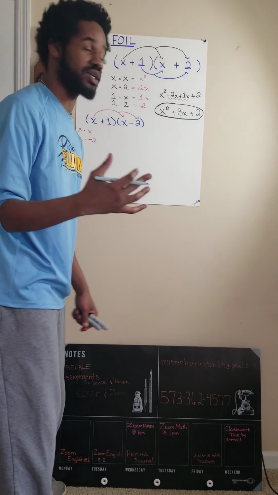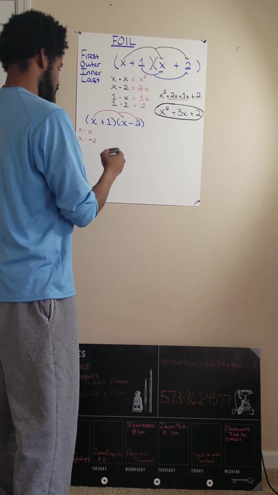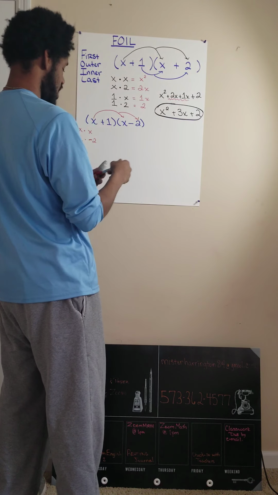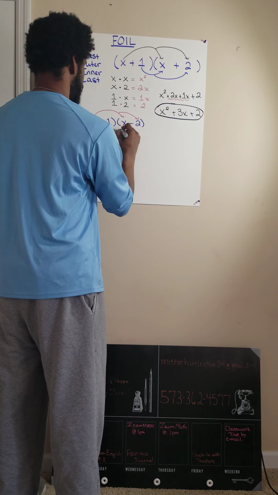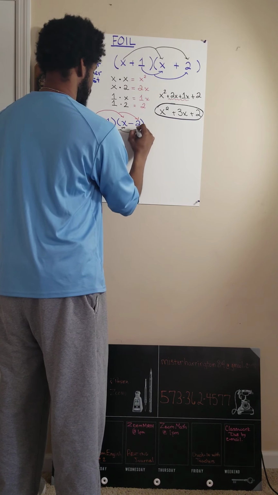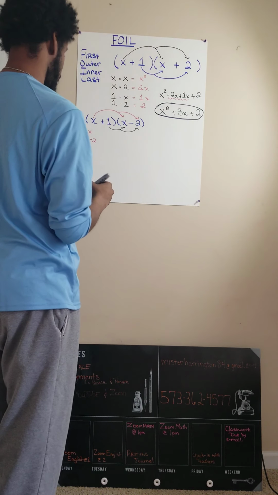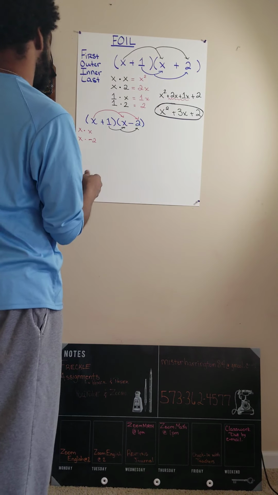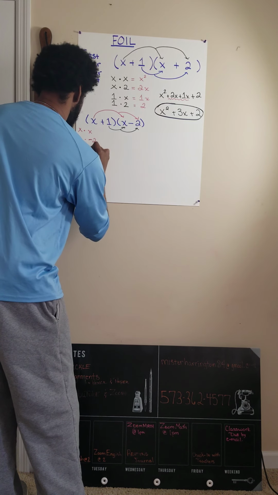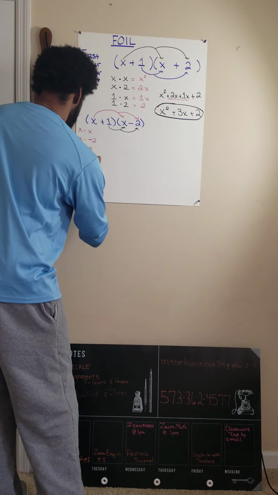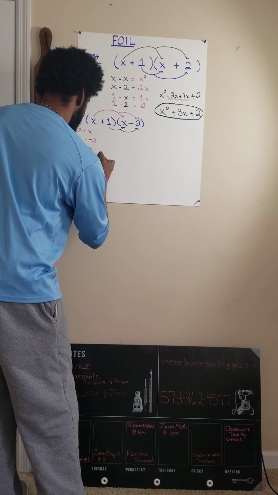You want to include it at the beginning, okay? Again, then I have my 1. I'm going to do 1 and x and 1 and negative 2, okay? Same thing. So now I have 1 times x and 1 times negative 2.